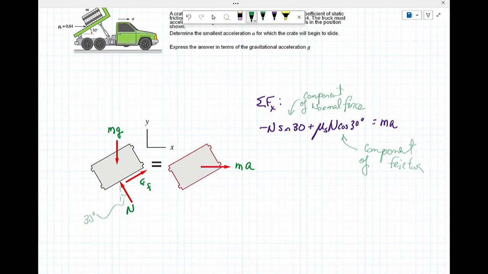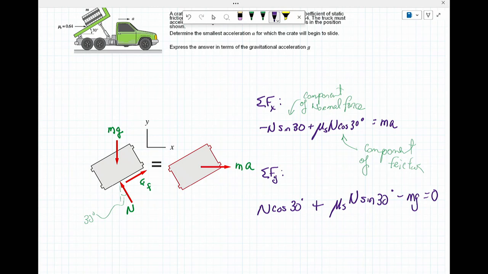Next thing is, one thing I'll often say is that the crate doesn't bounce, the crate doesn't move vertically. So when you're dealing with y forces here, you again only have a component of the normal force, a component of the friction, but you also have the weight, which is acting vertically downwards.